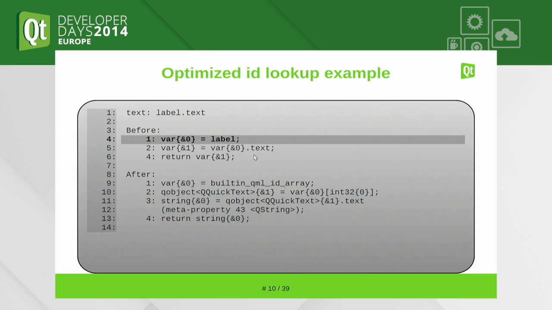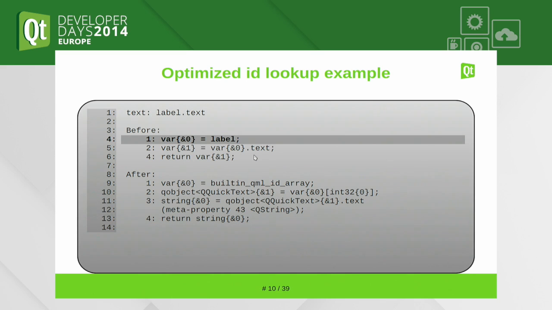label.txt results in code, in intermediate code that looks like this. So there is an expression that says there's a variable with a number. We don't give variable names; we give them numbers. We're lazy like that. So variable 0 is of an arbitrary type var. We don't know what it is, and it shall be resolved from label.